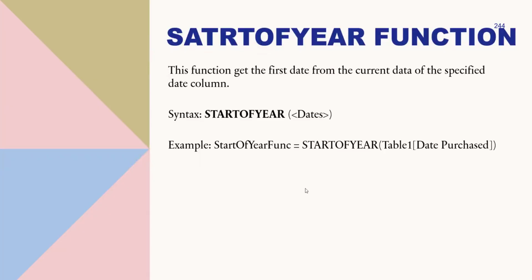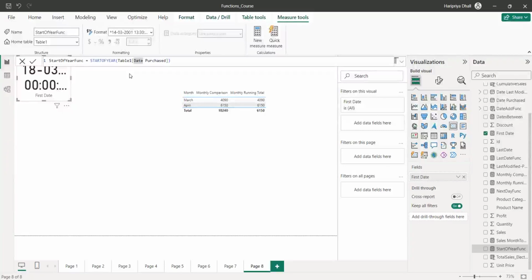This function gets the first date from the current data of the specified date column, and you can see the syntax. So the STARTOFYEAR function accepts the date parameter, and you can see the example also. Here you can see the formula for the STARTOFYEAR function. We created one example that will get the start of year.